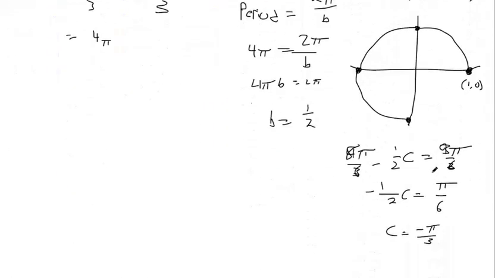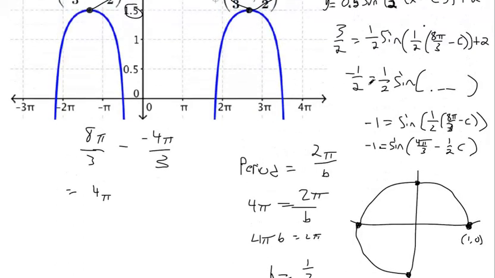We've got everything. But just to recap what I just did there, we're trying to figure out what c needs to be in order to make this whole inside equal 3 pi over 2, because sine of 3 pi over 2 would equal negative 1. And we just found out the particular value is negative pi over 3.